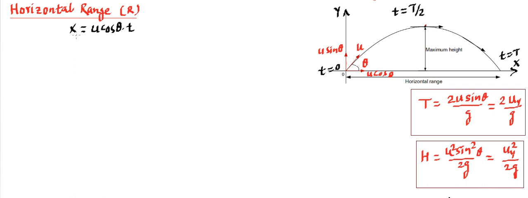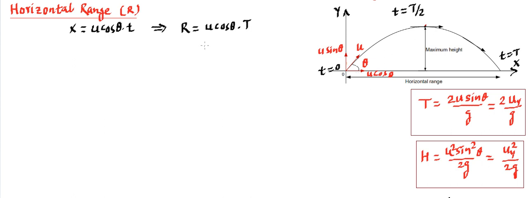If you want this x to be maximum, we need to maximize this term. U cos theta is a constant, so we need to maximize t. So this t maximum will be the time of flight. So from here we can conclude that range is basically the initial velocity in the horizontal direction into the time of flight.